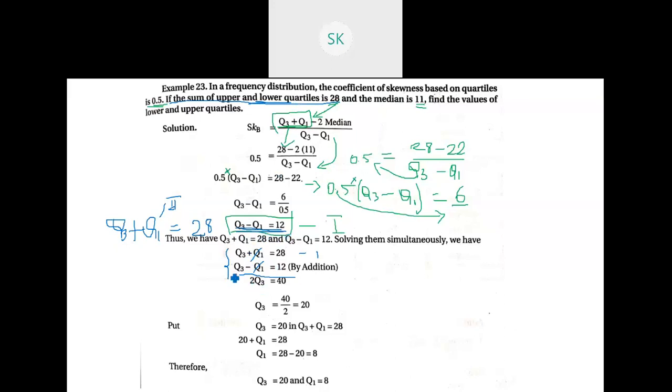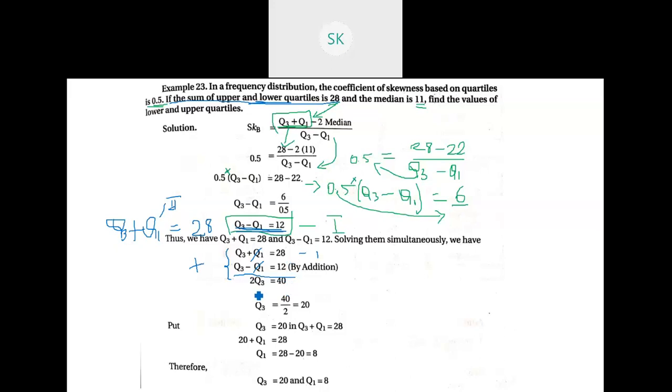Now if I add both the equations, Q3 plus Q3 is 2Q3, and plus Q1 minus Q1 will get cancelled, since one is plus and one is minus. Then here 28 plus 12 is 40.